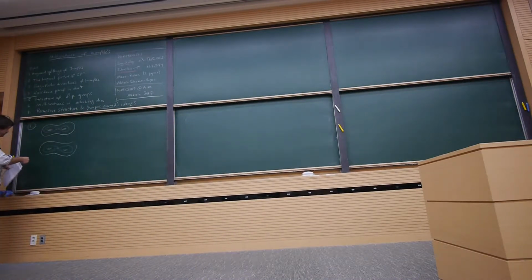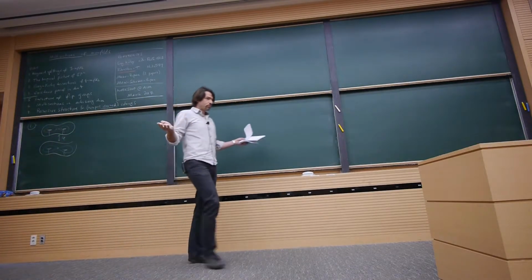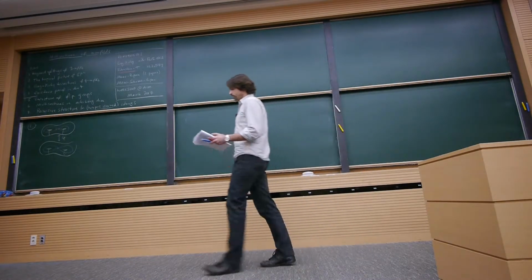These are my handlebodies, and they're really nice, solid objects. A Heegaard splitting is anything of this form where you take these two handlebodies and identify them by a diffeomorphism of their boundaries.